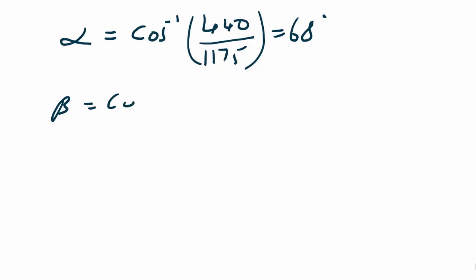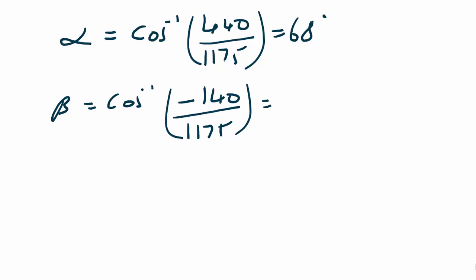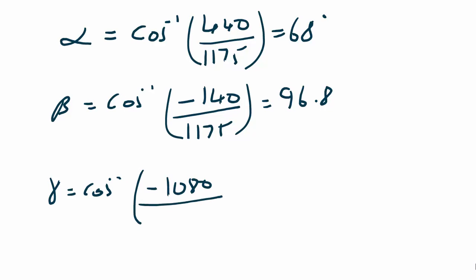Beta will be the inverse cosine of the j component, which is minus 140, divided by the total magnitude, which is 96.8 degrees. My gamma will be the inverse cosine of the k component, which is minus 1080 over 1175, which is 156.8 degrees.